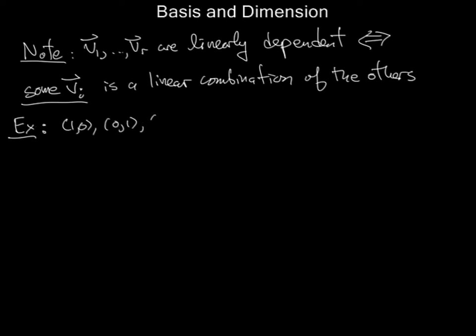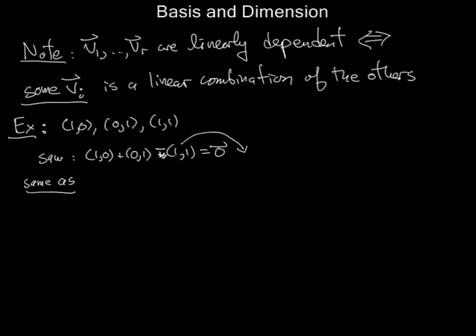The v3 isn't really needed because it can be written as a sum of the other two. So in our example, we had the relation that v1 plus v2 minus v3 is equal to 0. That shows that these vectors are linearly dependent. Well, just put this guy on the other side, and that says that this vector is the sum of those two vectors.